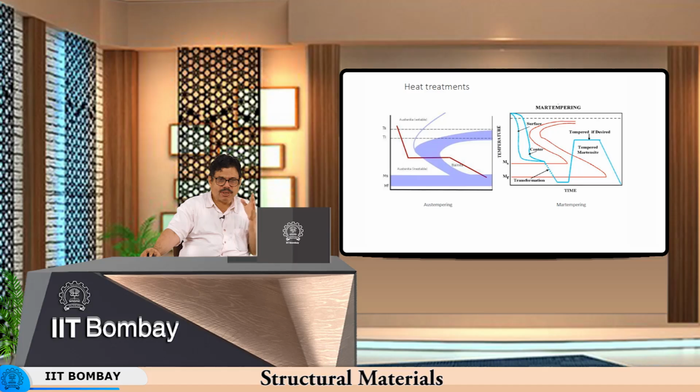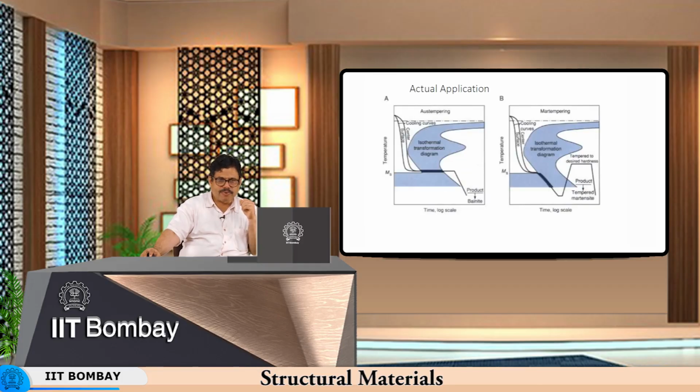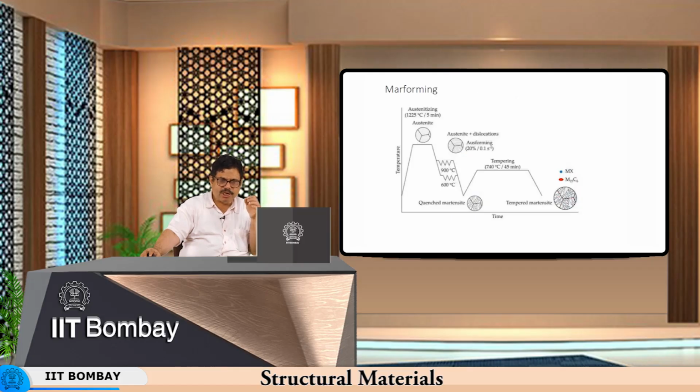Then we saw a few other heat treatments where we wanted martensite, but then we did not want to lose the fracture toughness. So, we looked at martempering as a possible means of achieving that, and then we had a number of austempering and martempering type of heat treatments, where you get bainite in case of austempering.